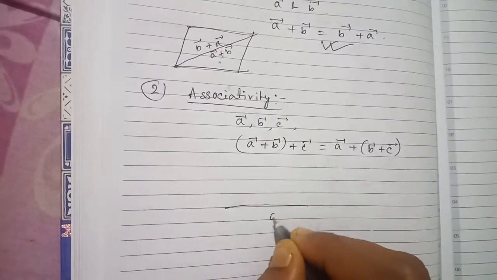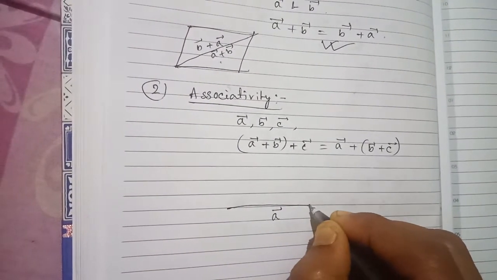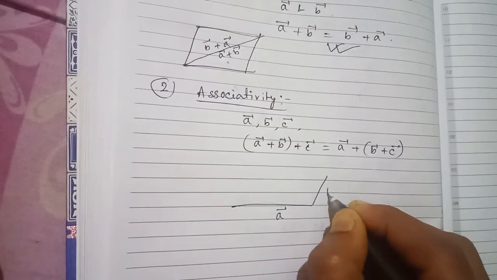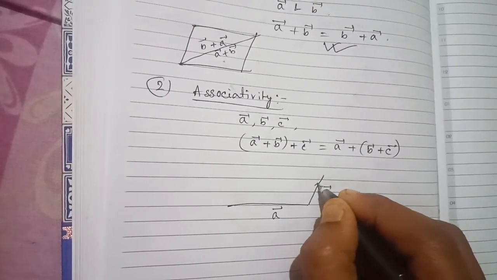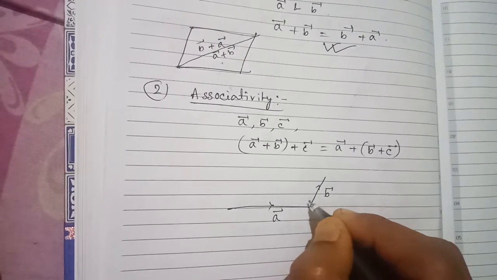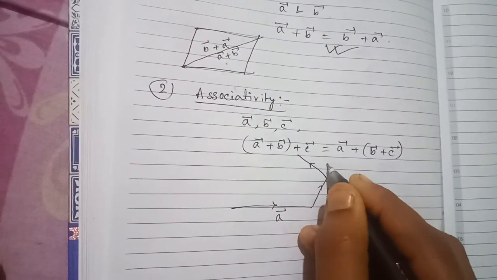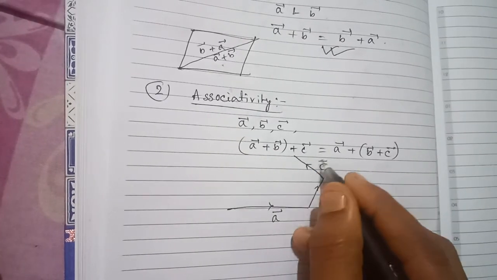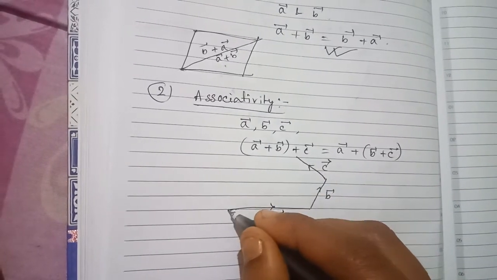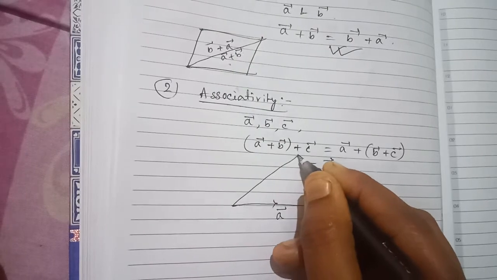Suppose this is A vector, this is B vector, this is suppose C vector, and then I am joining the line.